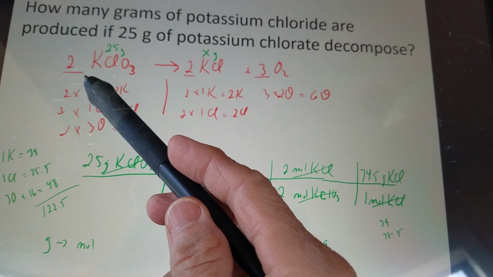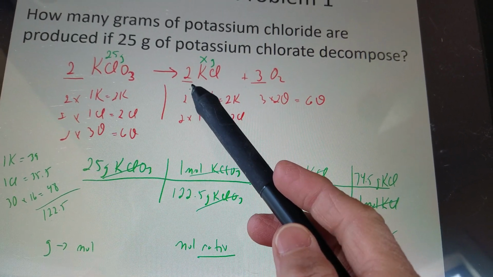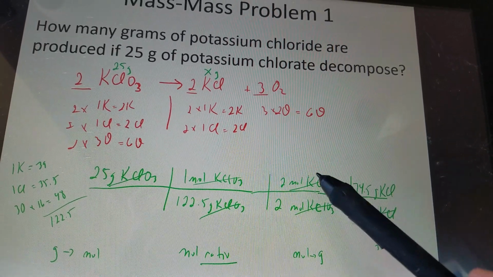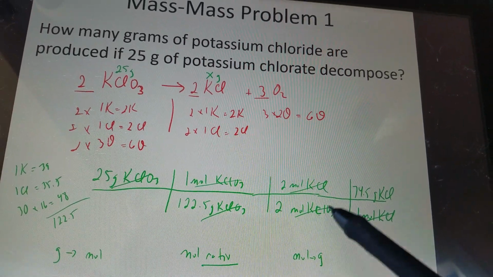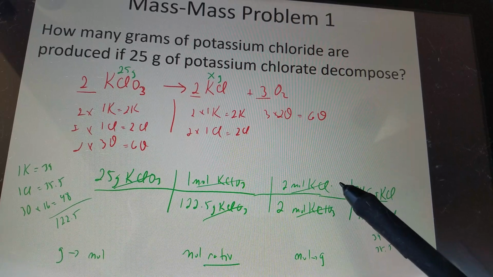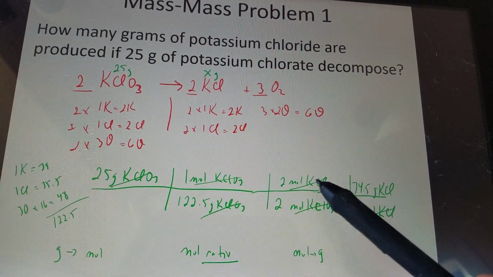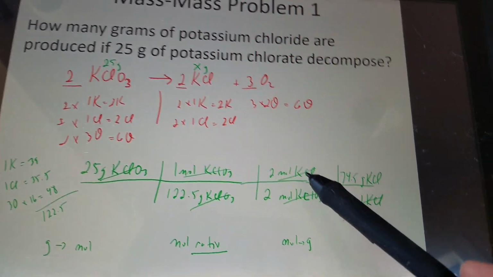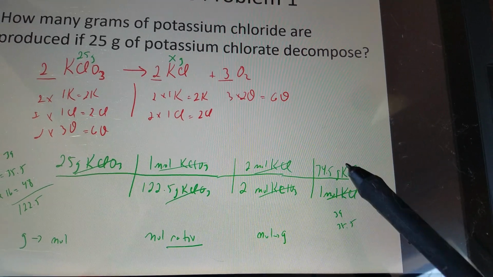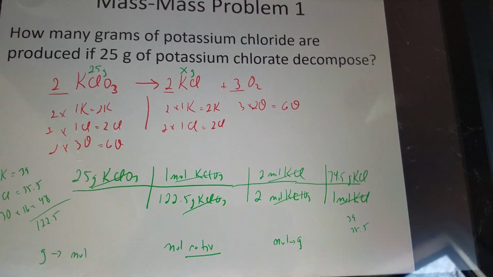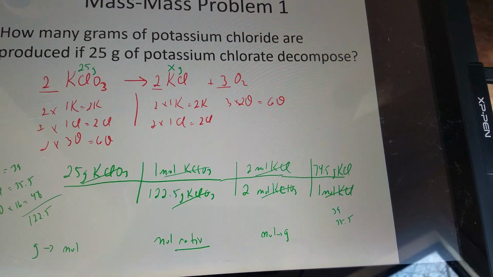These 2's are coming from your balanced equation. This allows me to convert from potassium chlorate to potassium chloride, which is what I'm looking for. Once I get to moles of potassium chloride, I can get to grams of potassium chloride by using its gram formula mass. And now the rest is just plugging everything into your calculator.